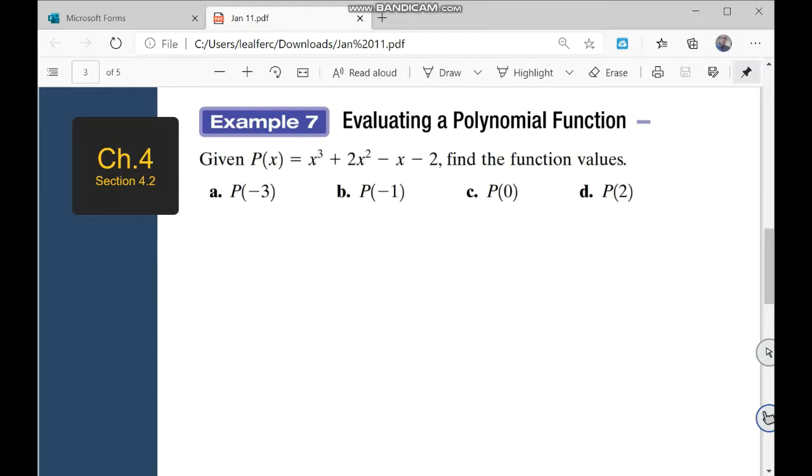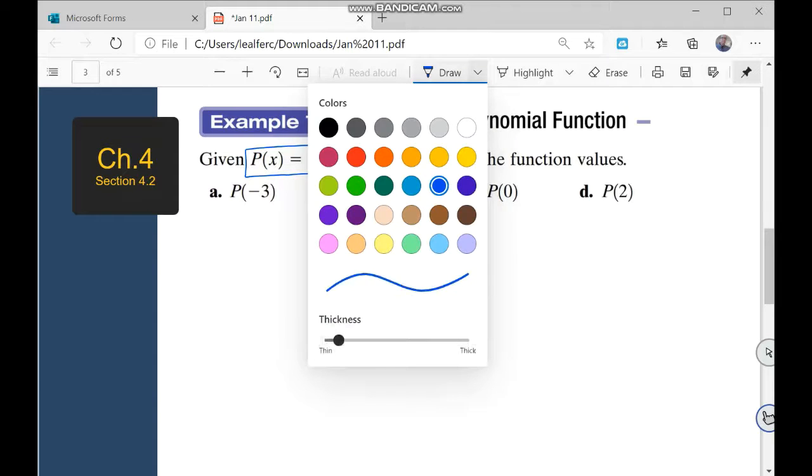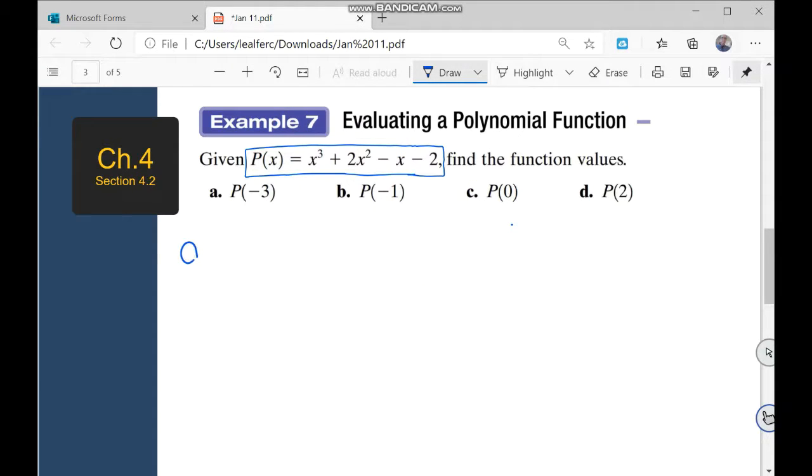Let's say we have this polynomial function, p of x equals x cubed plus 2x squared minus x minus 2. This is our polynomial function for this example, and we want to find p of negative 3. How do you do this? Do you remember how you evaluate functions?